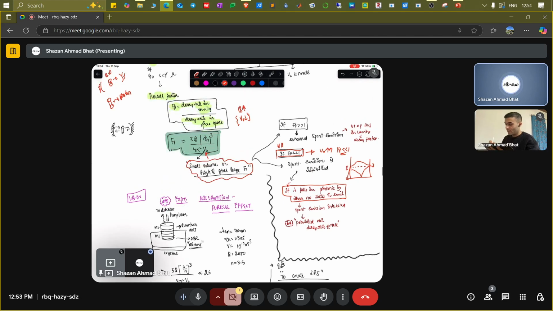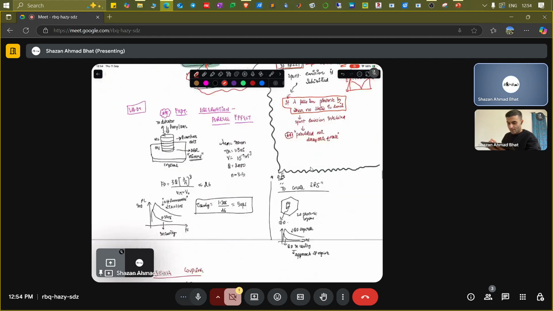But if it is greater than 1, then you have enhanced spontaneous emission. That means there are a lot of density of states in the cavity and they decay faster. And obviously we're talking here about the photonic density of states, just like electronic density of states, and we talked about it in the previous lectures.